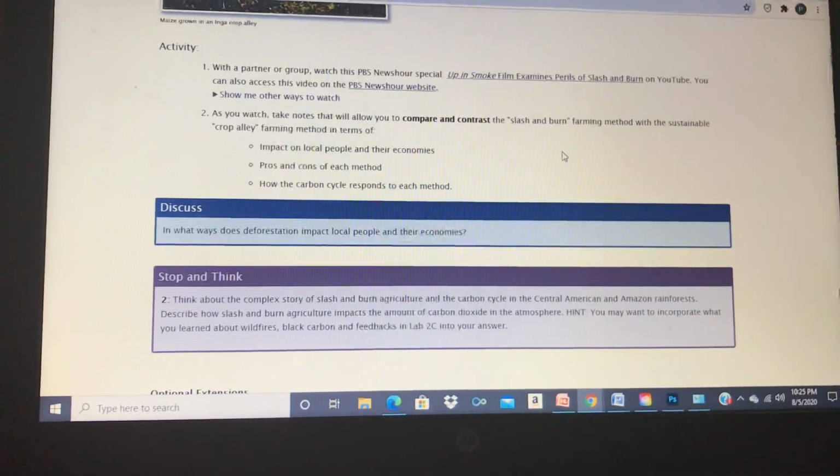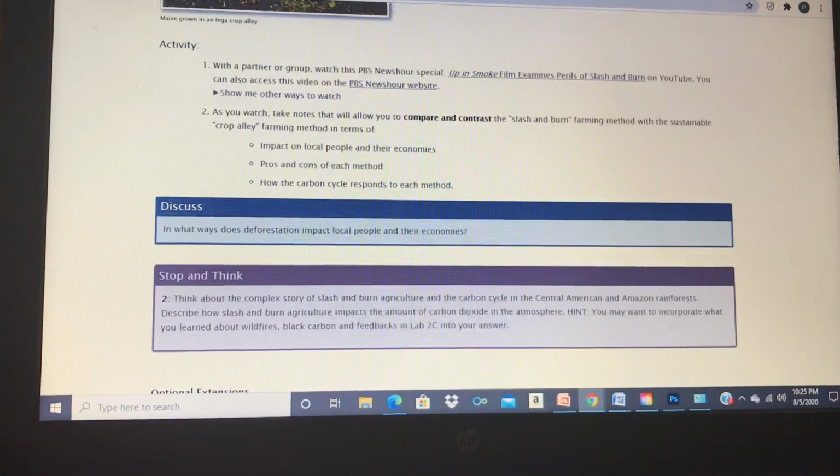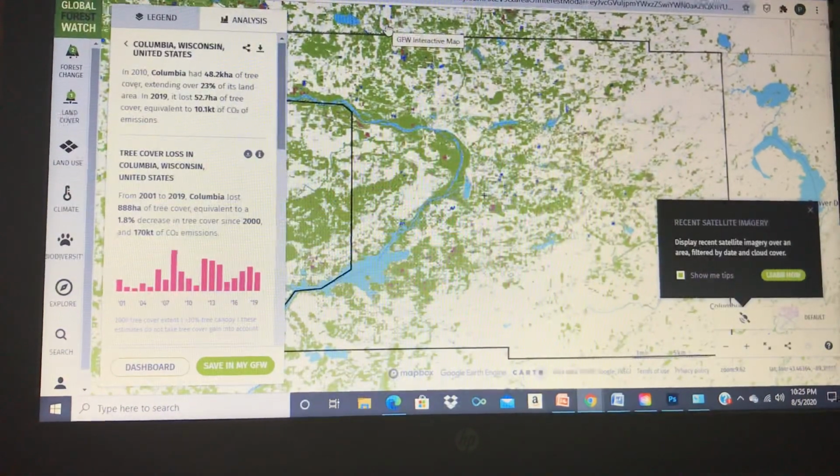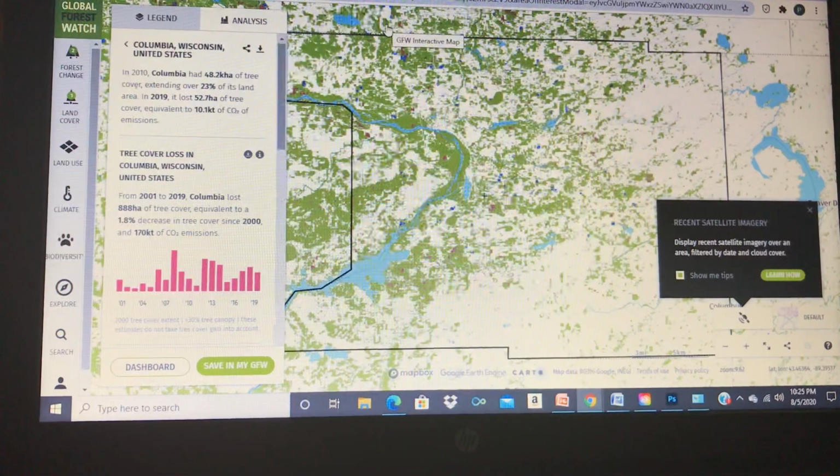If there's anything that you want to learn about after you've done this lab, you can go back and review some of that, because we do have our 5 question summary at the end that I will expect you to have answered before next class. So go ahead and explore, and let's learn a little bit more about deforestation.